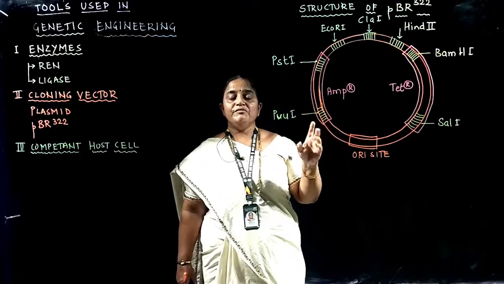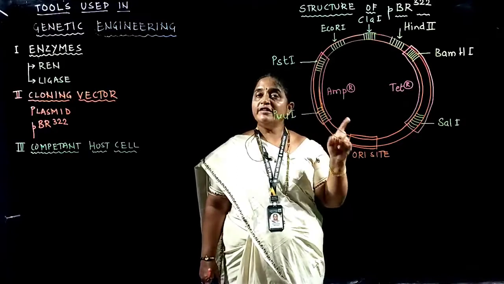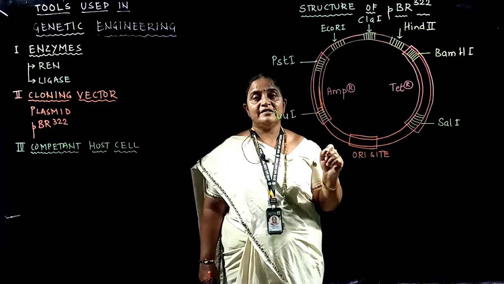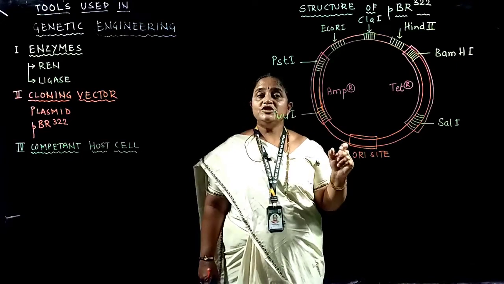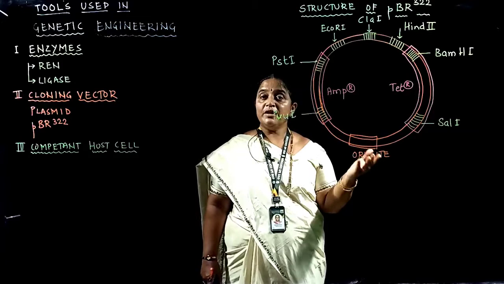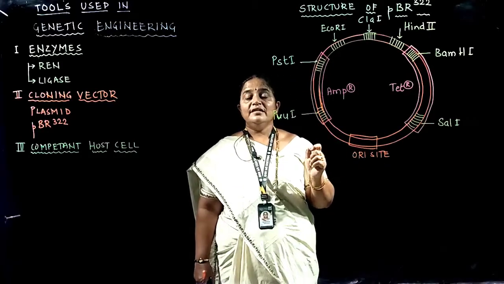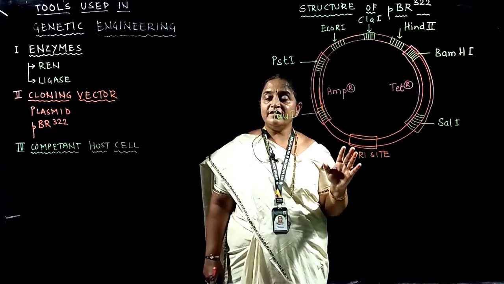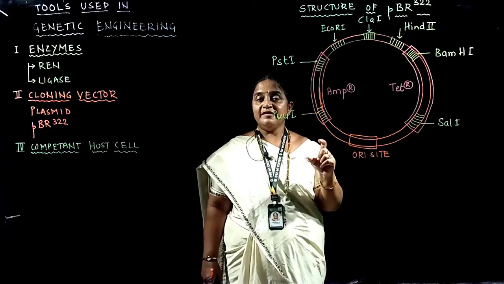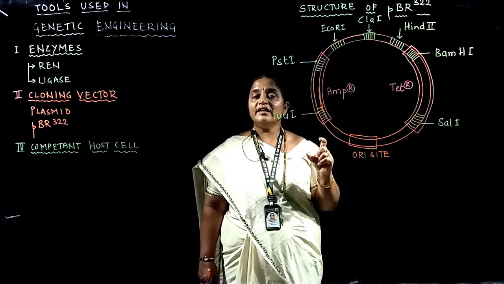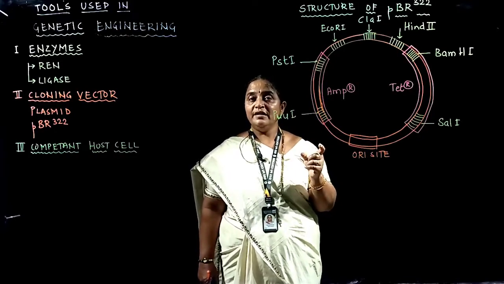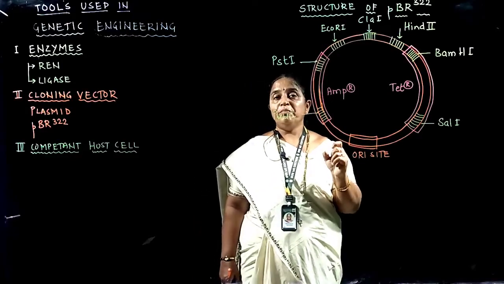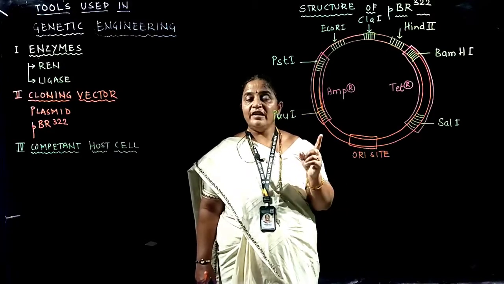Look at this diagram, which is expected for 3 marks with all these labelings. Any cloning vector must have an ORI site, so that this region can be stimulated to produce multiple copies. Second, it should have cloning sites. Cloning sites are palindromic sequences having 6 base pairs, which can be used as a recognition site by REN and used as a restriction site for cleaving the DNA to obtain either blunt ends or staggered ends.